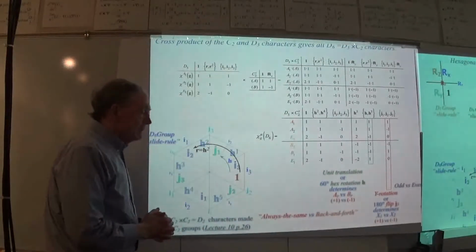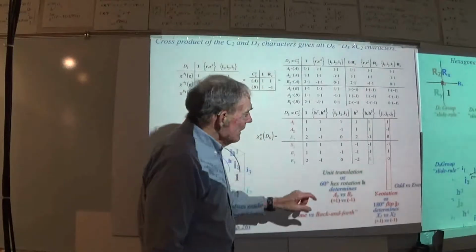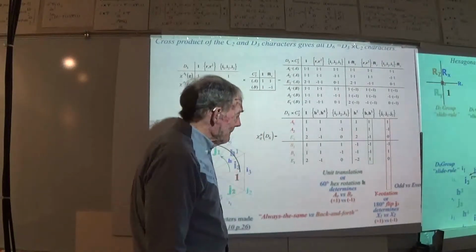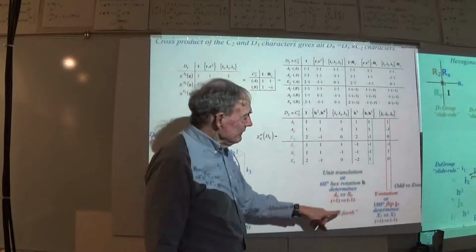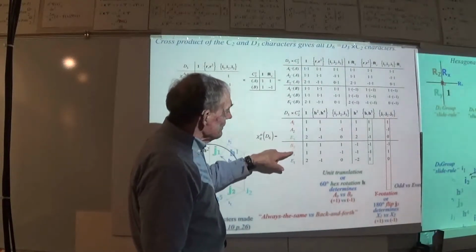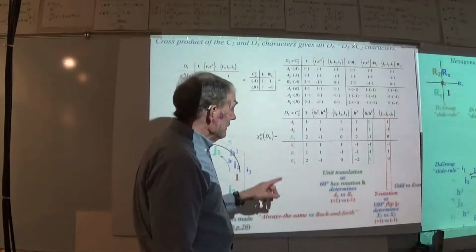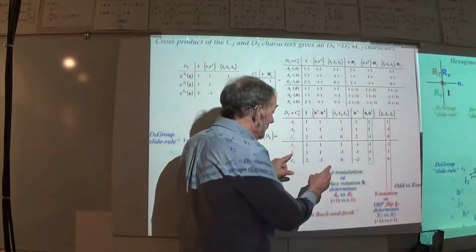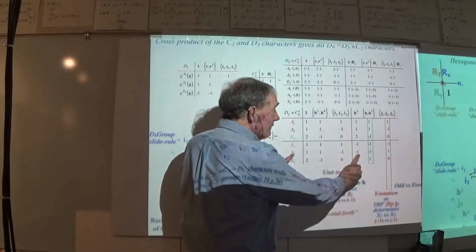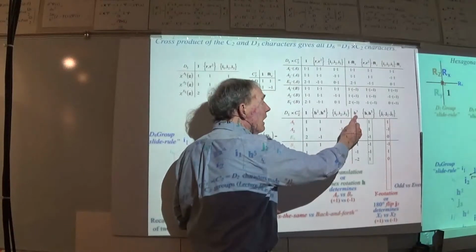I've probably already told you that whenever you see the letters A and B, A means always the same, and B means back and forth. So the back and forth, the odd guys, are down here. By back and forth, I mean that they both have a minus sign with respect to the 180 degree rotation.